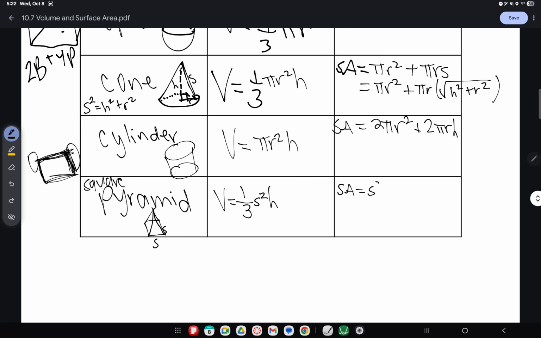So we have a square. And then in this case, there's 4 triangles. So let's see, a triangle is base times height divided by 2. I wonder if we can clean this up a little.